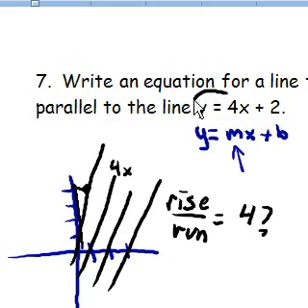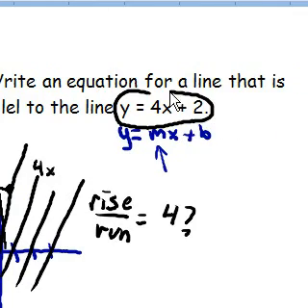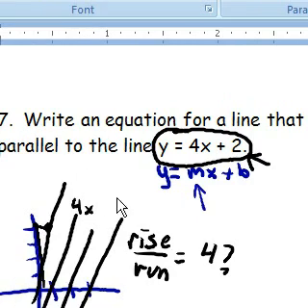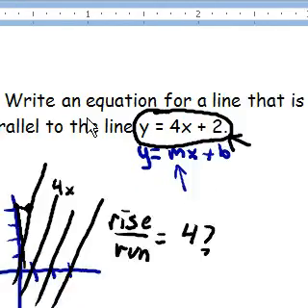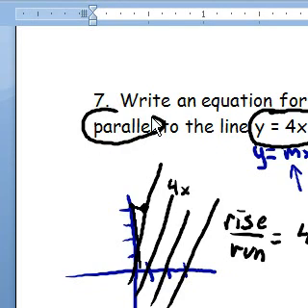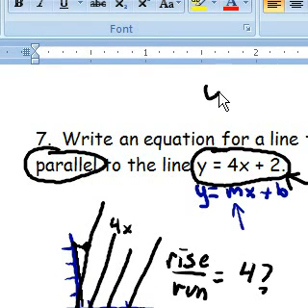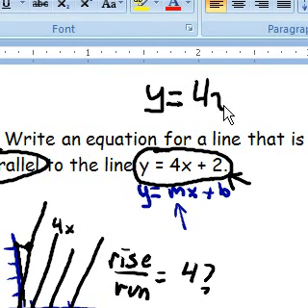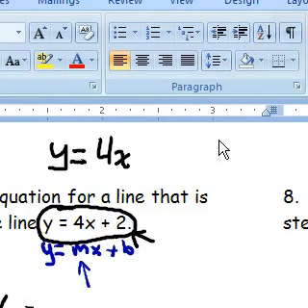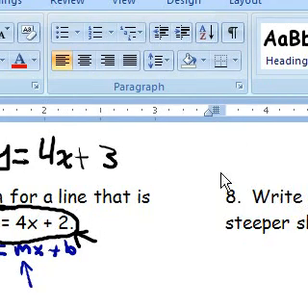This line that they're talking about happens to have the y-intercept of 2. And so all it's asking is to write a line that is parallel to the line y equals 4x. Well, that word parallel is a giveaway that we're looking for a line that has the same slope but a different y-intercept. So 4x plus 3 you could write.